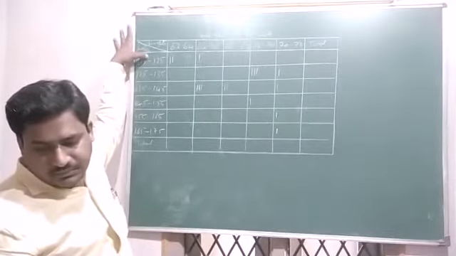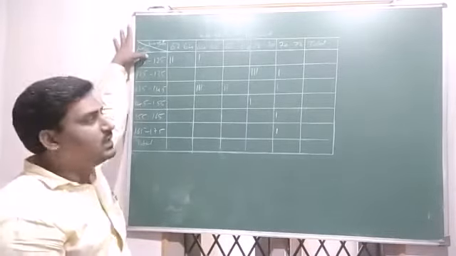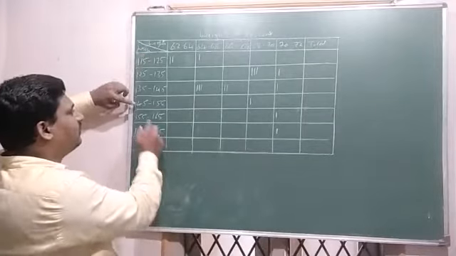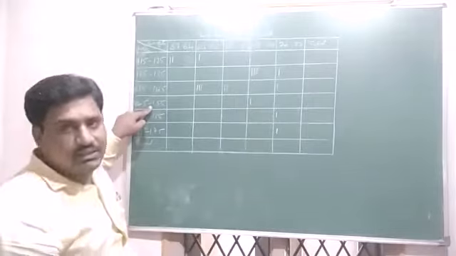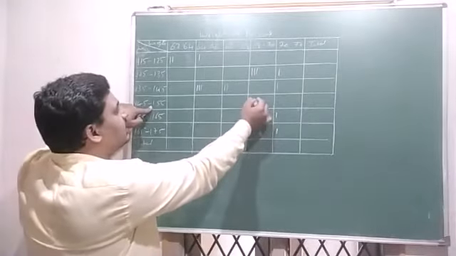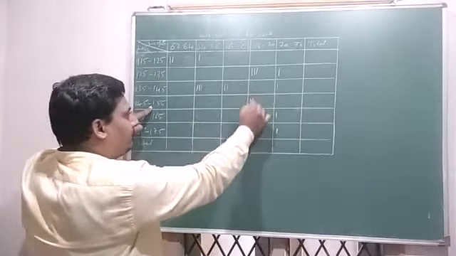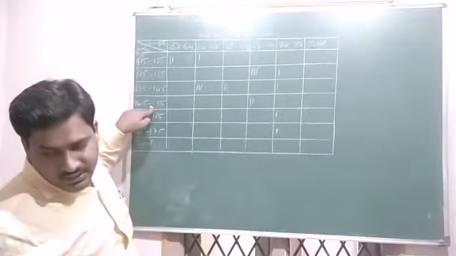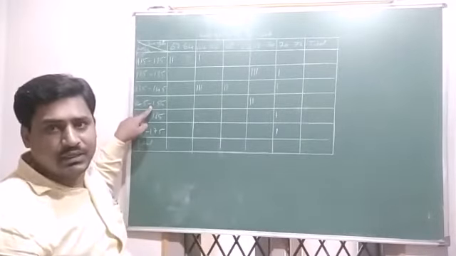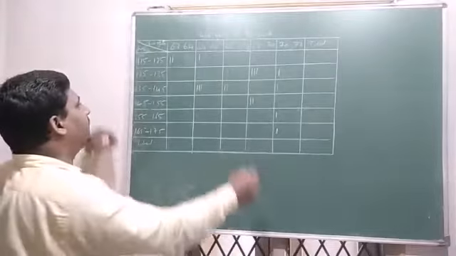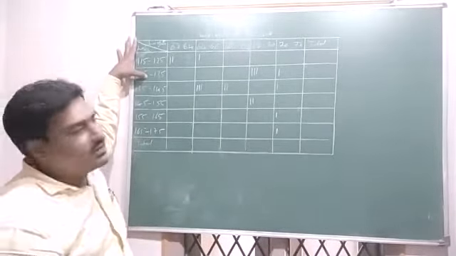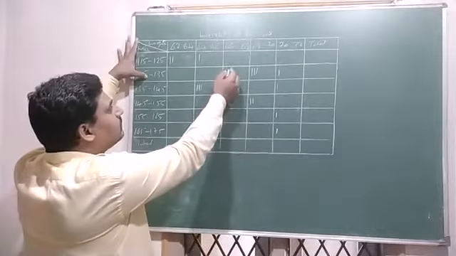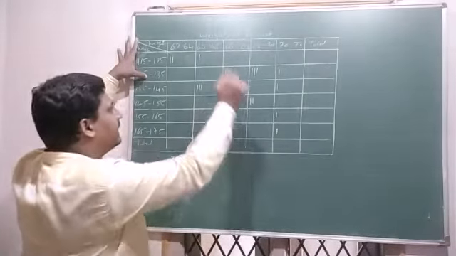And next is 148 centimeter, 68 kg. 148 comes in 145 to 155, and weight is 68 kg. So 68 to 70 kg here. And next 129 centimeter, 67 kg. 129 lies in 125 to 135, and 67 kg comes in 66 to 68.